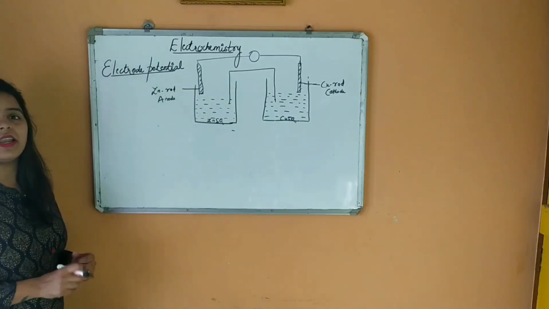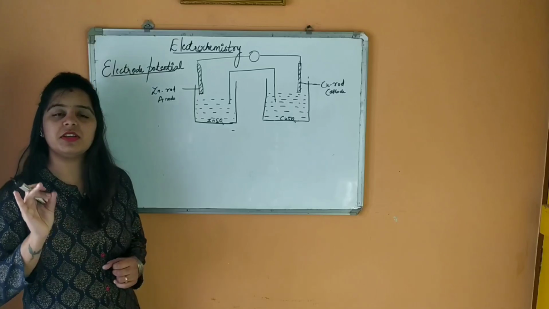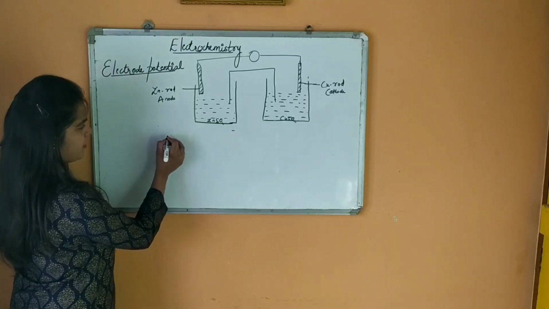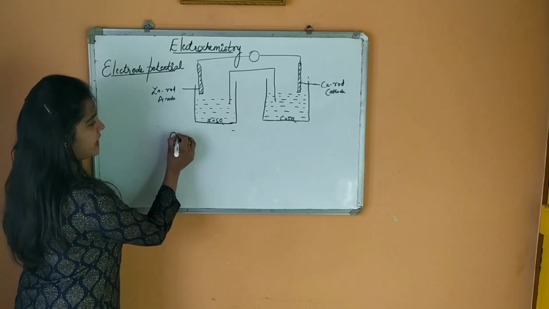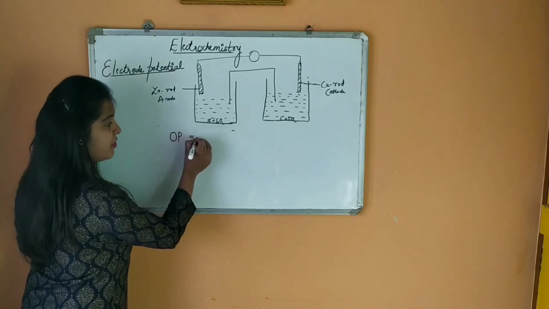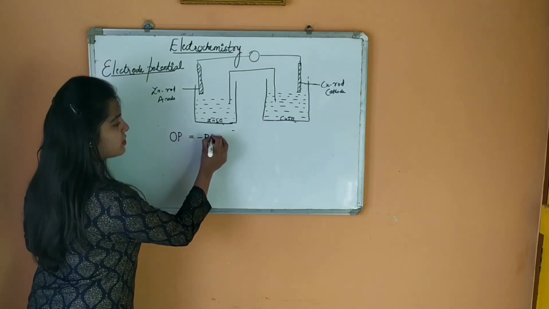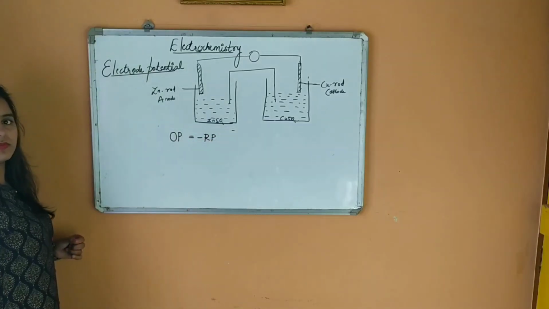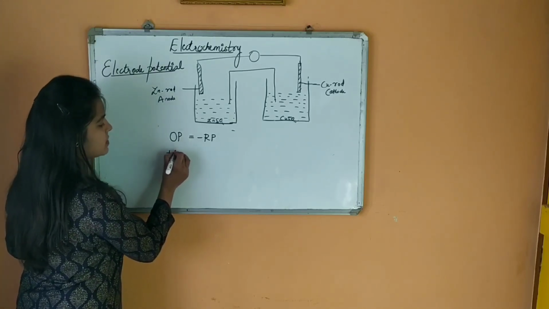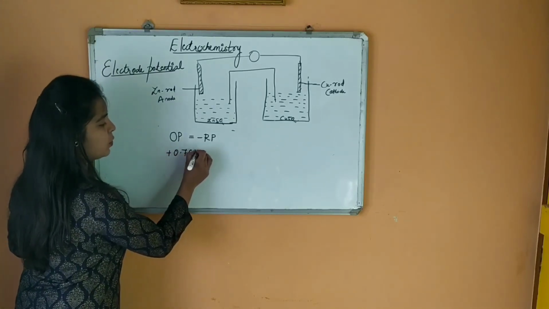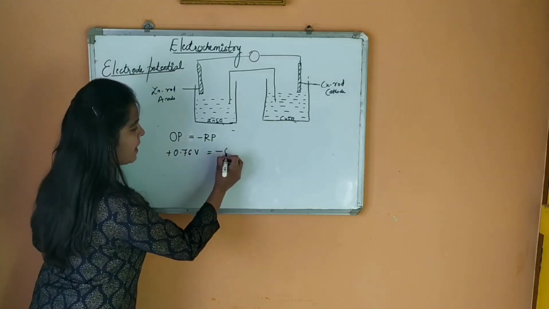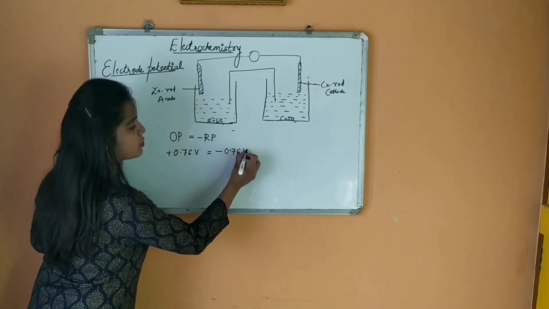Now, what is the relationship between oxidation potential and reduction potential? Oxidation potential always has the reverse sign of reduction potential. If oxidation potential is, say, 0.76 volts, then its reduction potential will be minus 0.76 volts.